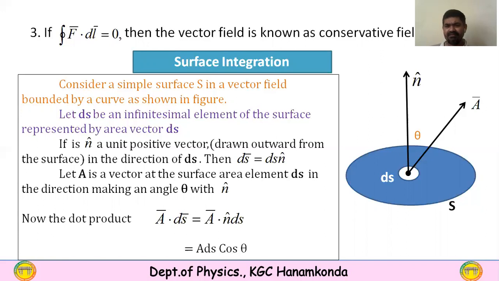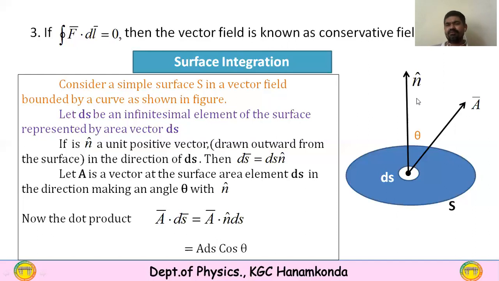This surface has a vector field a bar. The direction of a bar is along this direction. You observe that there is an inclination angle between the vector field and n cap. Our intention is to calculate the amount of vector quantity along the desired area.